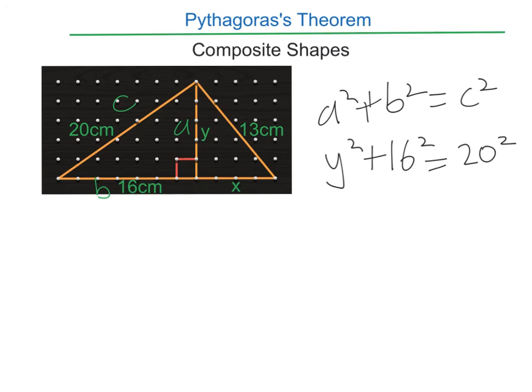So that means y squared plus 16 squared equals 20 squared. So this value here is 256 and this one's 400.